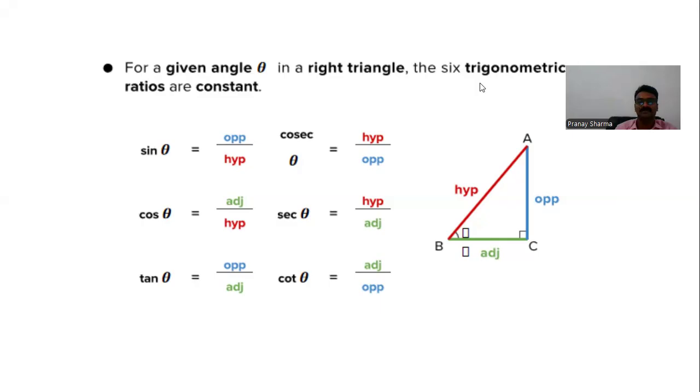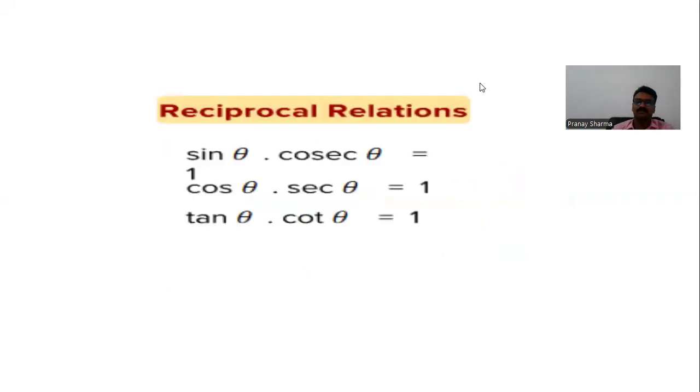So suppose your theta is somewhere at B, then the side that is opposite to theta will be the opposite, and the side that is attached to B should be the adjacent. This can be remembered using SOHCAHTOA. All right, that we'll discuss in the next class. However, for better understanding, you can go with Pandit Badri Prasad and Har Bhole. That will work well.